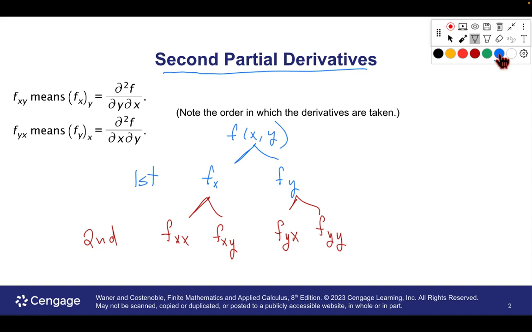And does anyone remember, we did an example, what ends up happening with these 2 in the middle here? They're the same. So it saves us some work. We could just do one. You could do both. It's a good way to check, but they need to be equal. So these 2 in the middle are going to be equal.